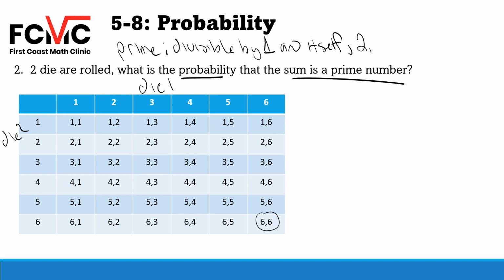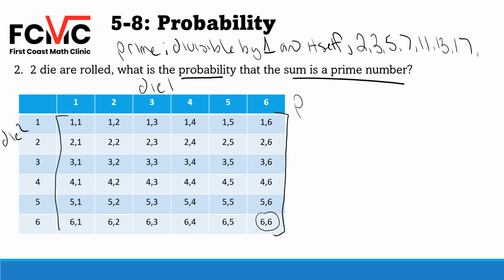We can go 2, 3, 5, 7, 11, 13, 17. We can stop there. So those are the basic prime numbers that we're going to work with. We want to figure out which combinations of outcomes from die 1 and die 2 are going to give us a sum of either 2, 3, 5, 7, 11, 13, or 17.